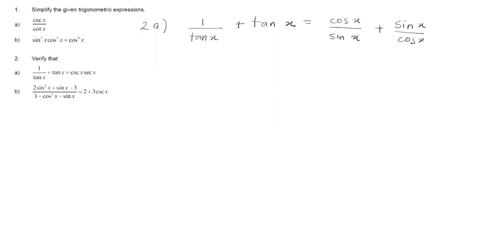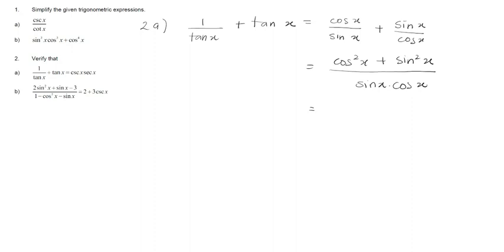So I want to make the denominator the same. So multiply cos x with cos x, so we get cos squared x. And then multiply sin x with sin x, so we get sin squared x. So we have the same denominator, which is sin x times cos x. And we know that this part is equal to 1.